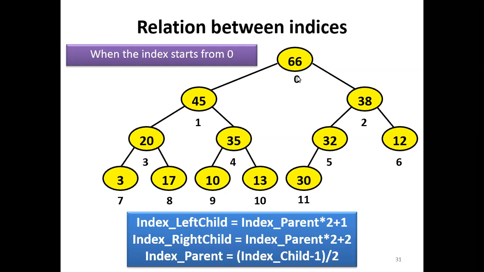So 2 times 0 is 0, plus 1 is 1. Likewise, 2 times 1 is 2, plus 1 is 3. If you follow the same principle, you can get the parent as well as the index number for the right child.